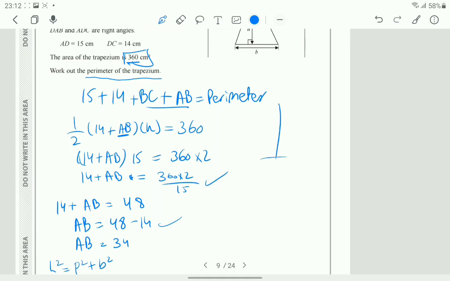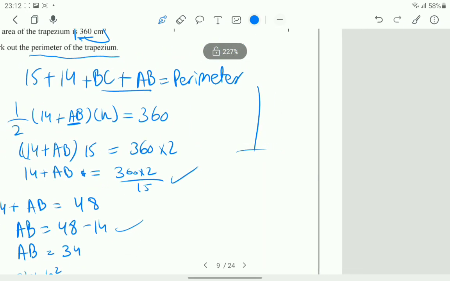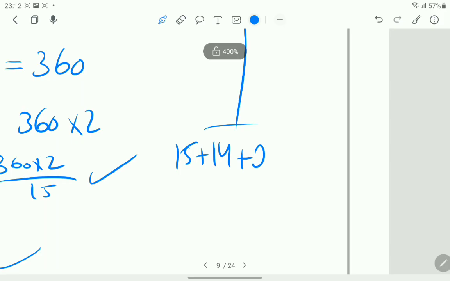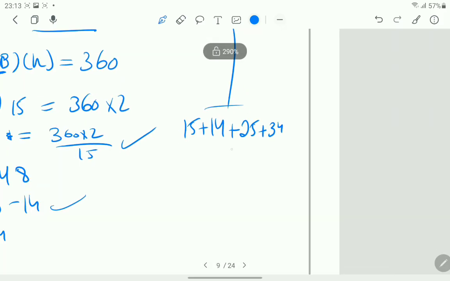Remember, the objective is the perimeter. Do not get distracted from it by getting overwhelmed by all the other workings. So 15 plus 14 plus BC, which we just found out is 25, and AB, which is 34, and you get the perimeter here, 88 centimeters.